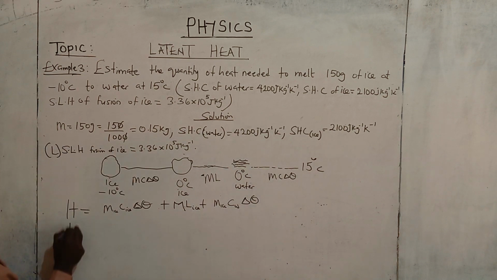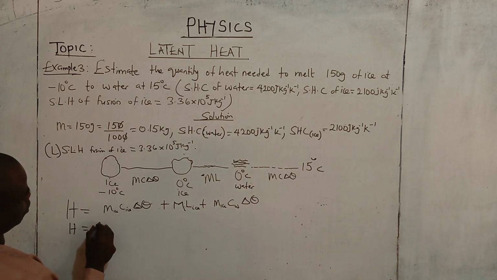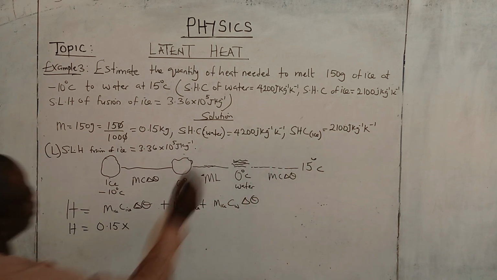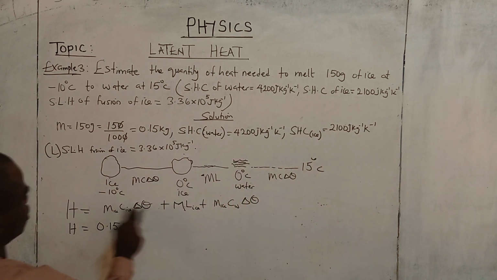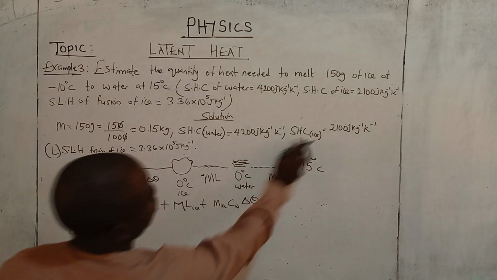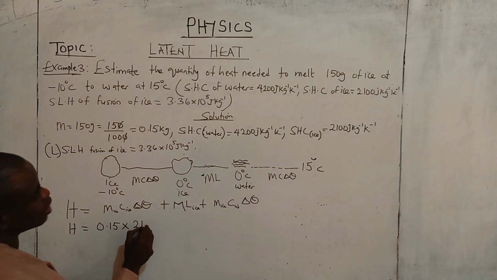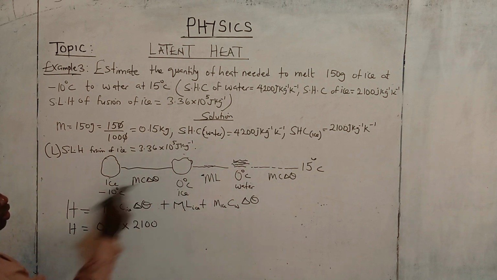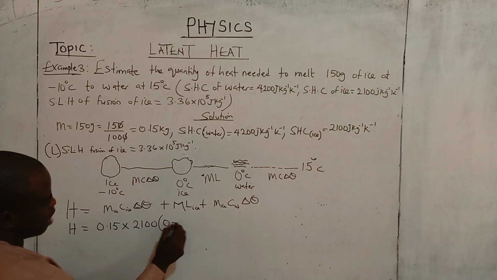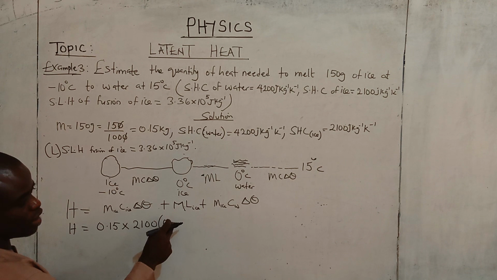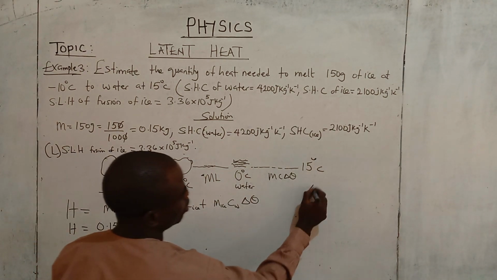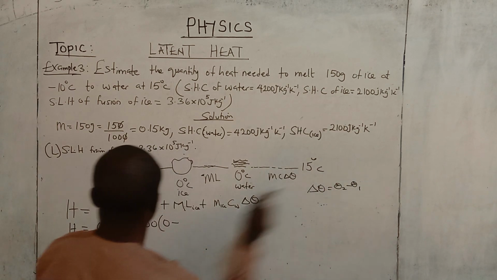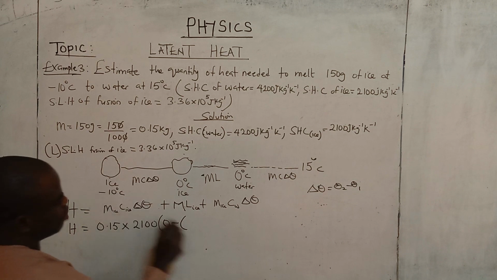Now let's put in our values. The mass of ice is 0.15, specific heat capacity of the ice is 2,100, times temperature change, 0 minus minus 10, because change in temperature is theta 2 minus theta 1.